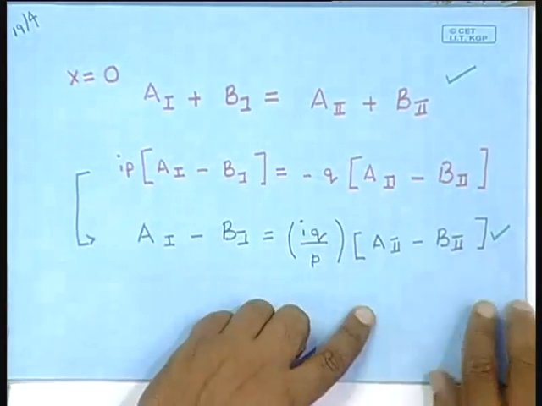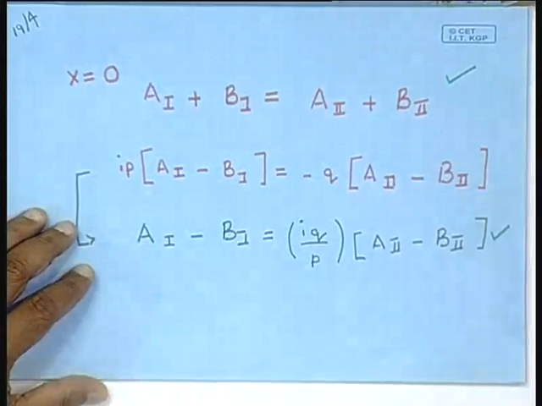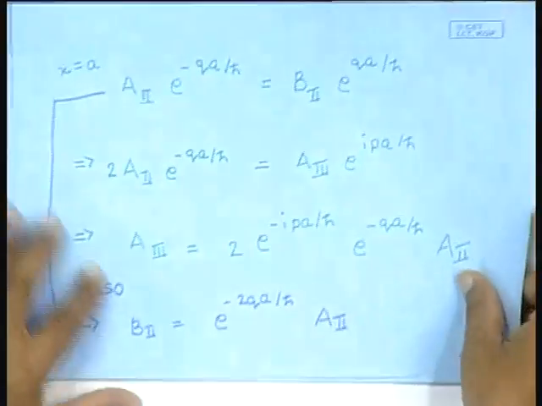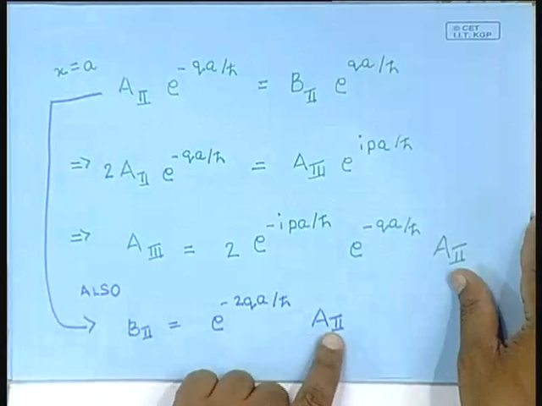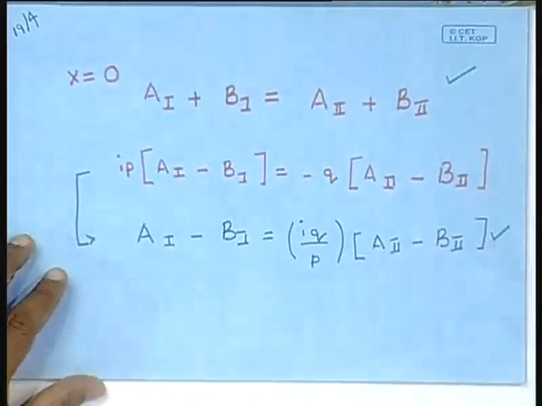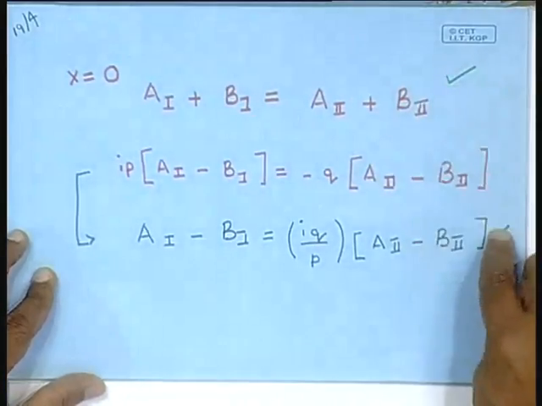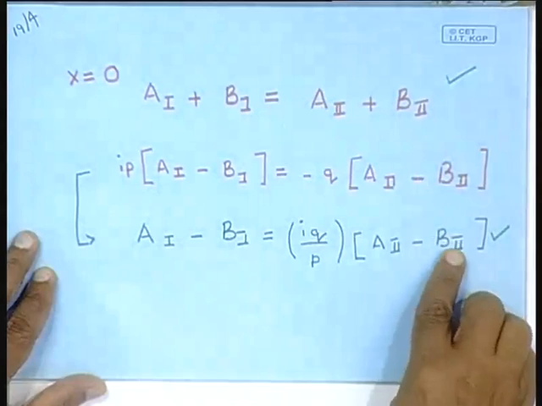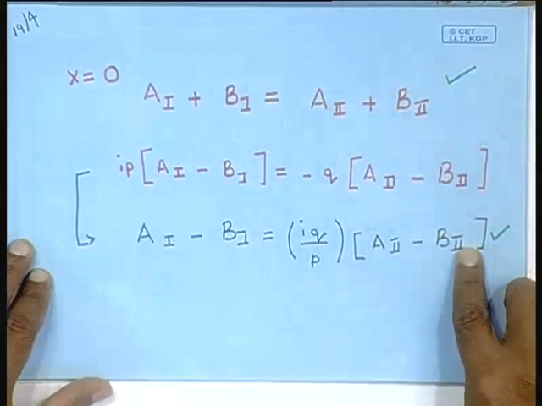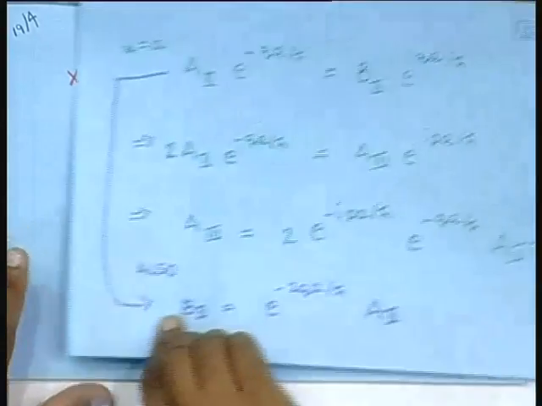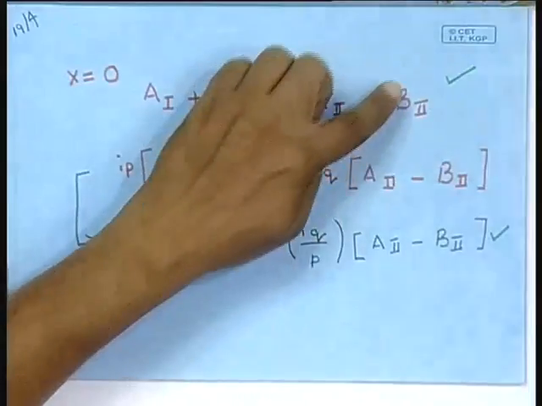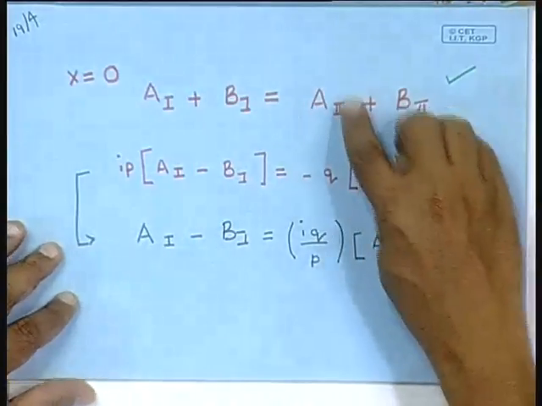Okay. Before that, we just saw that B2 is much smaller than A2. So, when we deal with these two, since B2 is much smaller than A2, we can ignore B2 and deal only with A2.